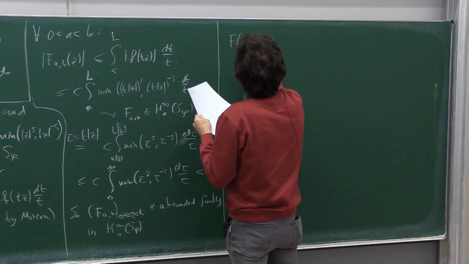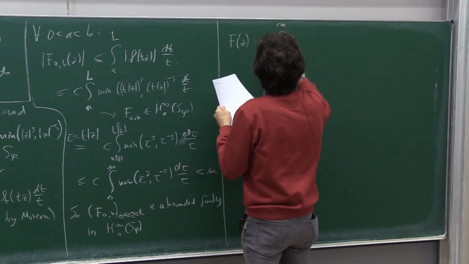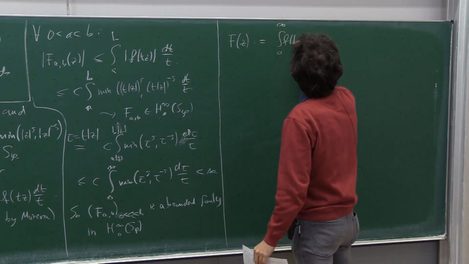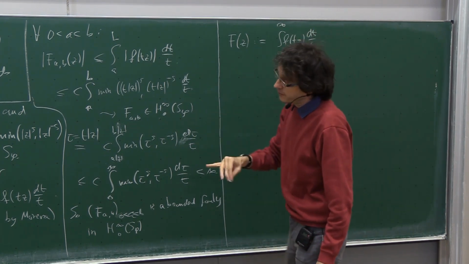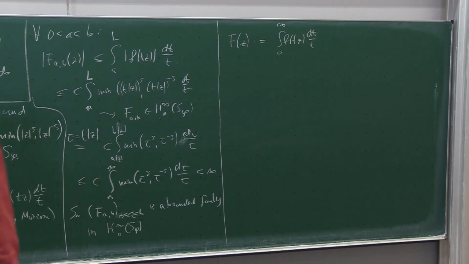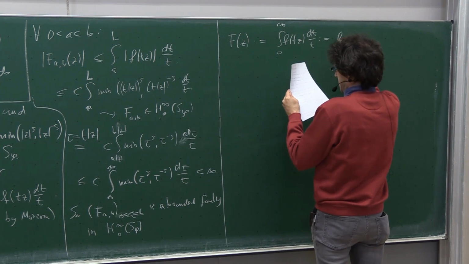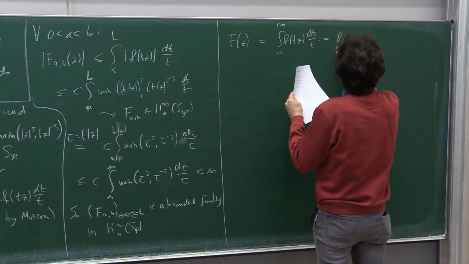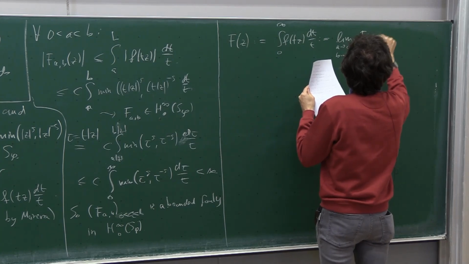And now what we want to look at is the integral from 0 to infinity of f(tz) dt over t. So this is the limit a going to 0, b going to infinity of our functions F_ab. So this is the limit a going to 0, b going to infinity of F_ab of z.